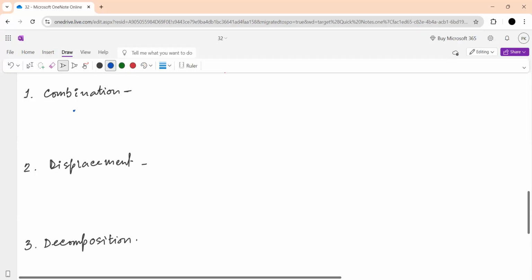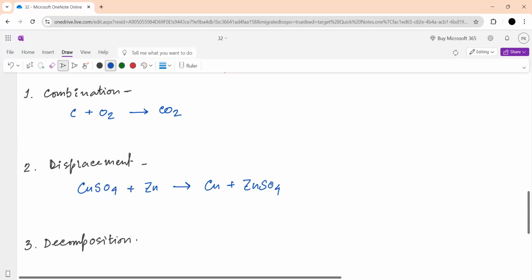Based upon that, firstly we have C plus O2 that goes to CO2. Then if we take an example for displacement reaction, we can see CuSO4 plus zinc that gives us Cu plus ZnSO4.